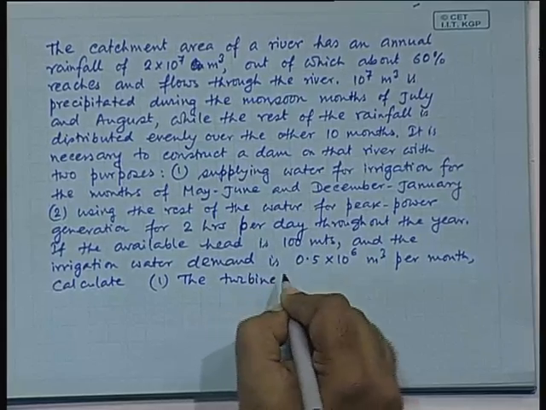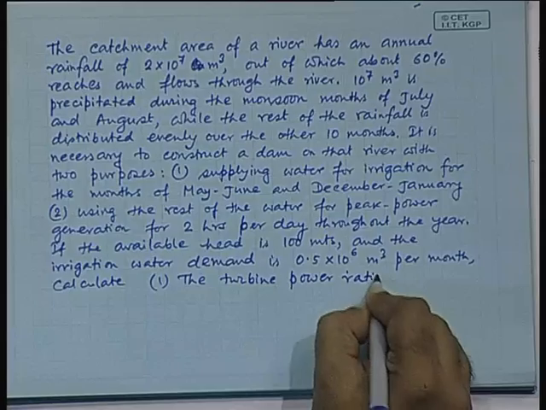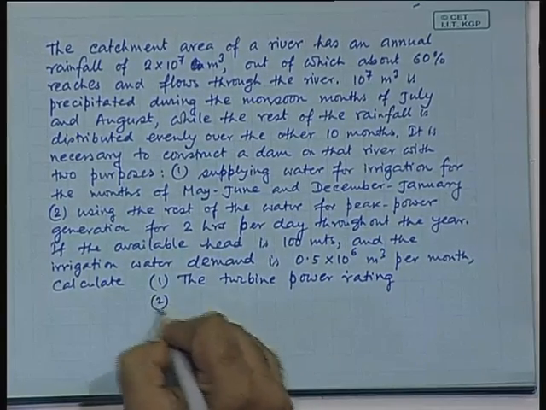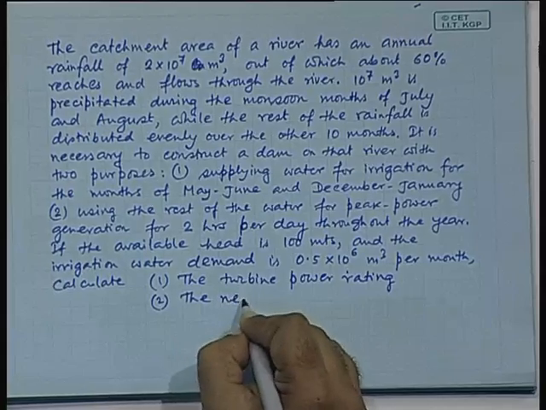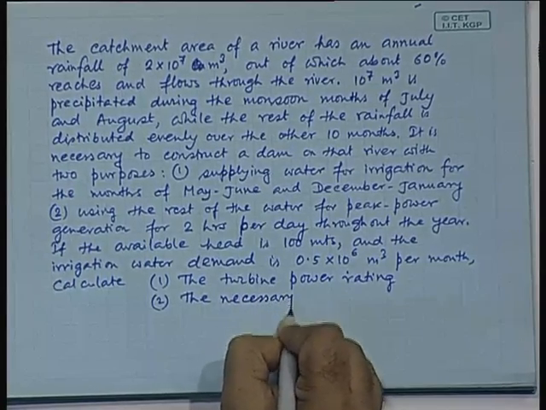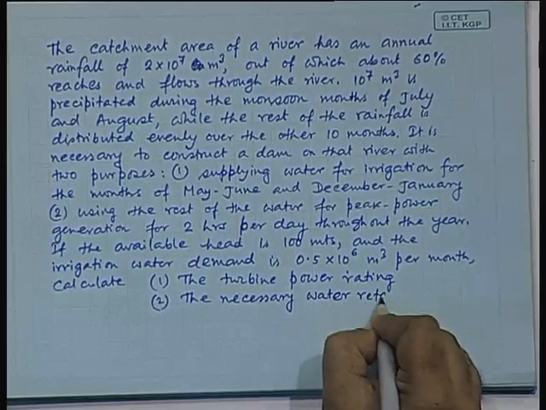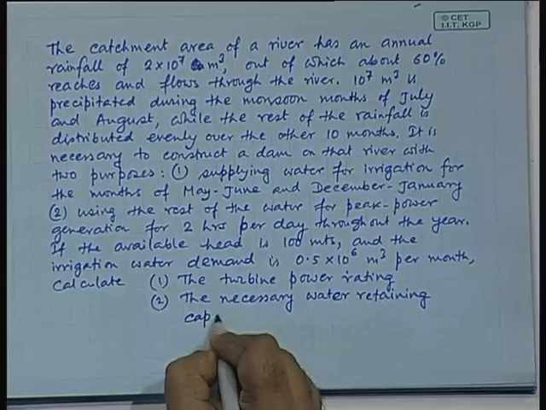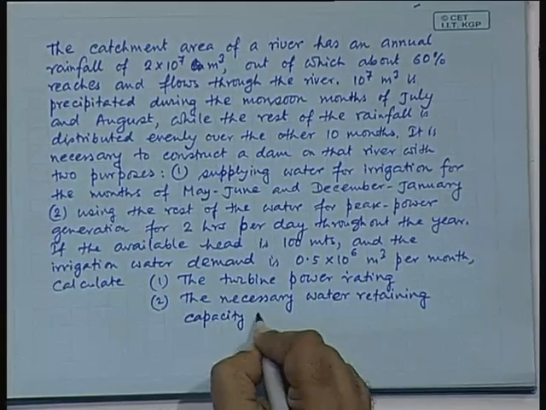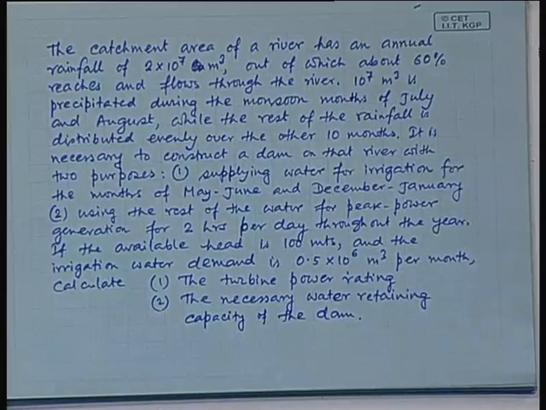The turbine power rating, and 2. The retaining capacity of the dam. Is the point clear? Is the problem clear?